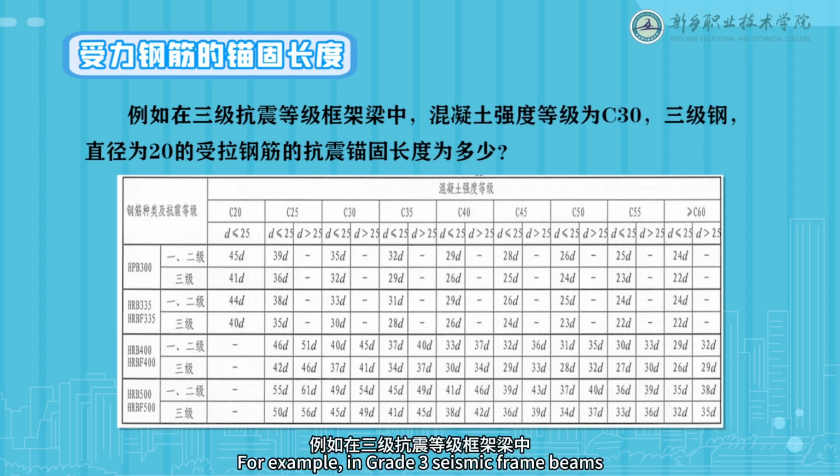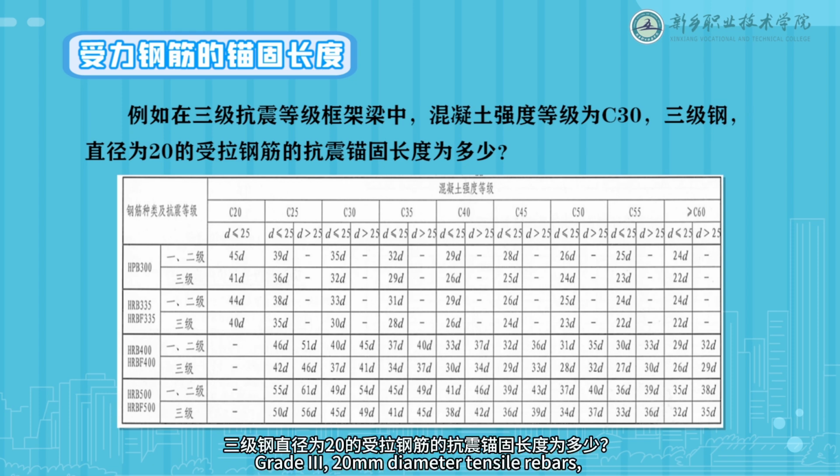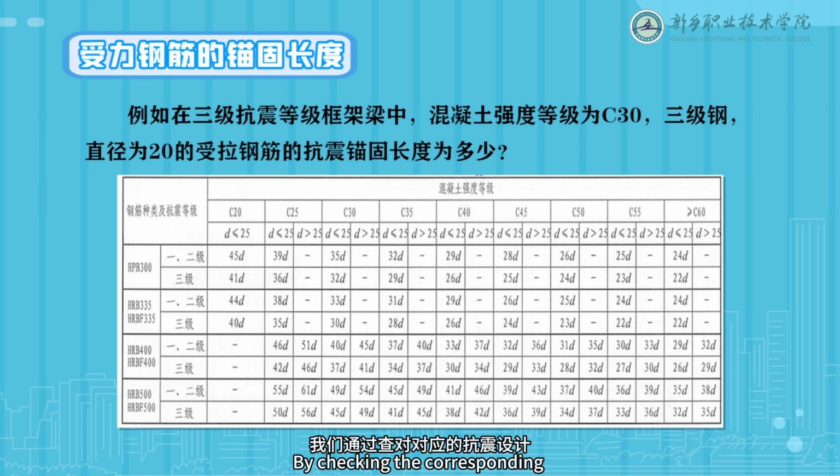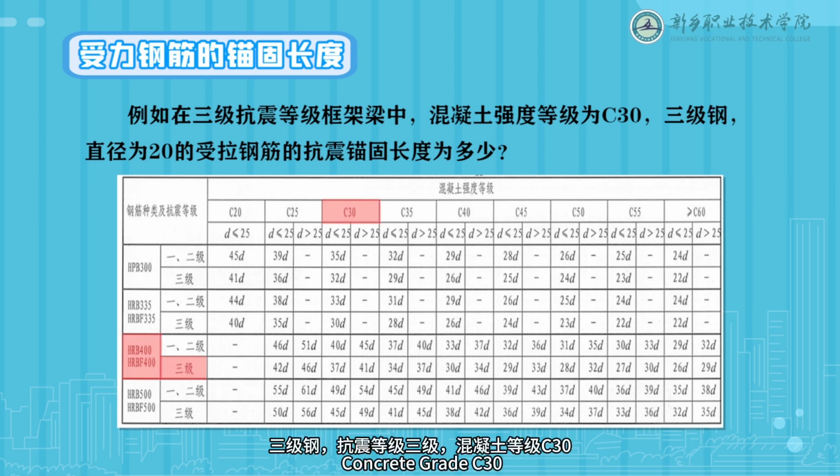For example, in Grade 3 seismic frame beams with concrete strength Grade C30, Grade 3, 20 mm diameter tensile rebars, what's the seismic anchorage length? By checking the corresponding seismic tensile rebar anchorage length table: Grade 3 steel, seismic Grade 3, concrete Grade C30.